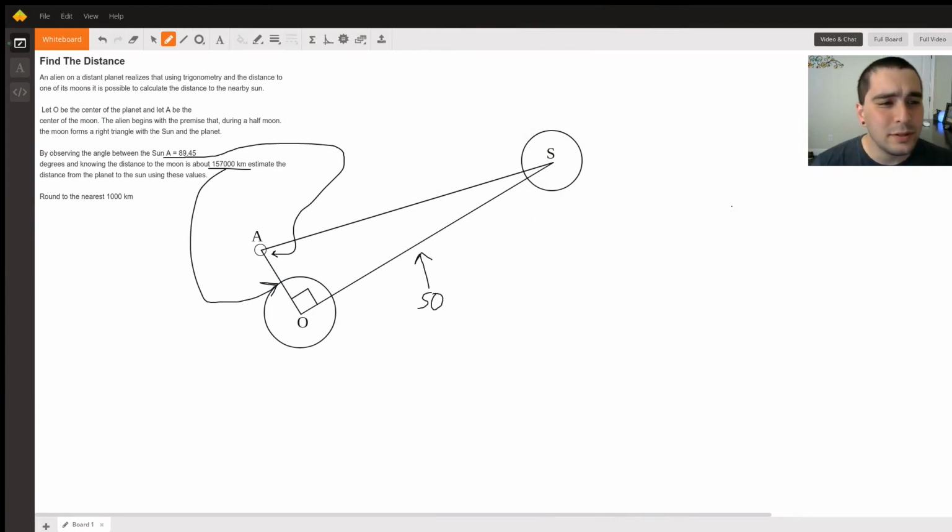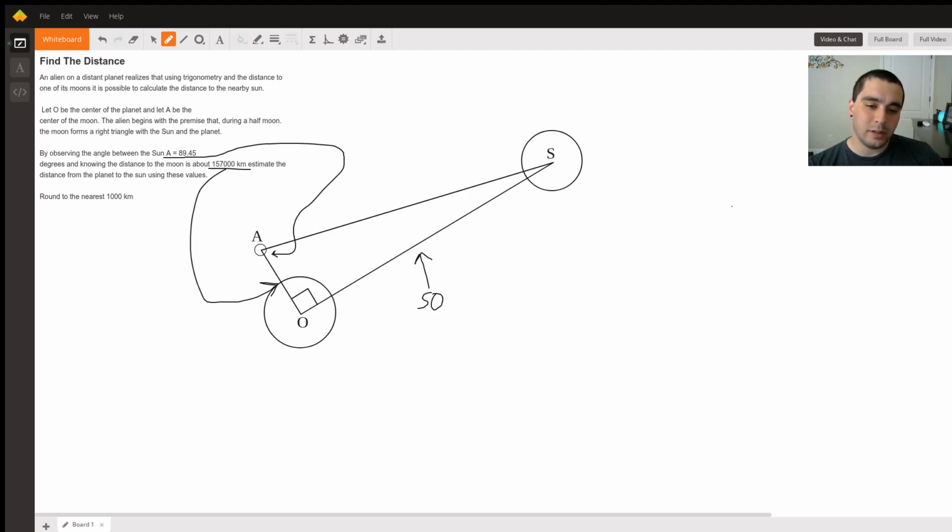So you have this question about an alien on a distant planet who realizes that using trigonometry and the distance from one of its moons, it's possible to calculate the distance to a nearby sun. They give some names here. O is the center of the planet, A is the center of the moon, and during a half moon, we have a right angle.